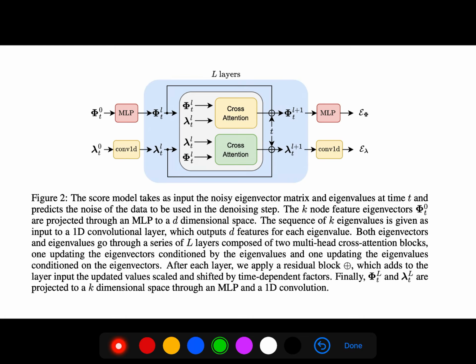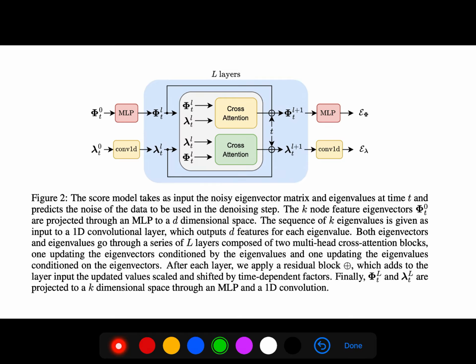The k-node feature eigenvectors are projected through an MLP to a d-dimensional space. The sequence of k eigenvalues is given as input to the 1D convolutional layer, which outputs d features for each eigenvalue. Both eigenvectors and eigenvalues go through a series of L layers composed of two multi-head cross-attention blocks, one updating the eigenvectors conditioned by the eigenvalues, and one updating the eigenvalues conditioned on eigenvectors.